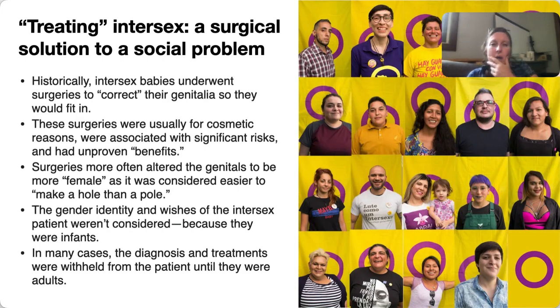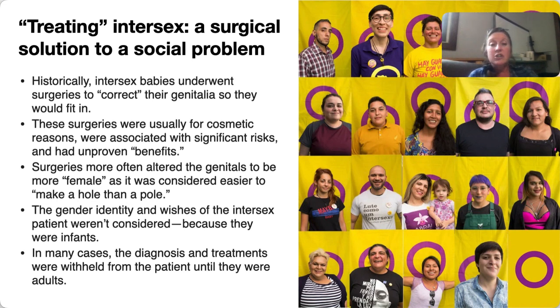Now, I want to go back to two things here. I talked a little bit about this already, but about treating intersex. Treating intersex differences is really a surgical solution to a social problem, not a physical problem. So historically, intersex babies had surgery to correct their genitals. They were for cosmetic reasons and had risks that far exceeded any benefits, if there were any at all.